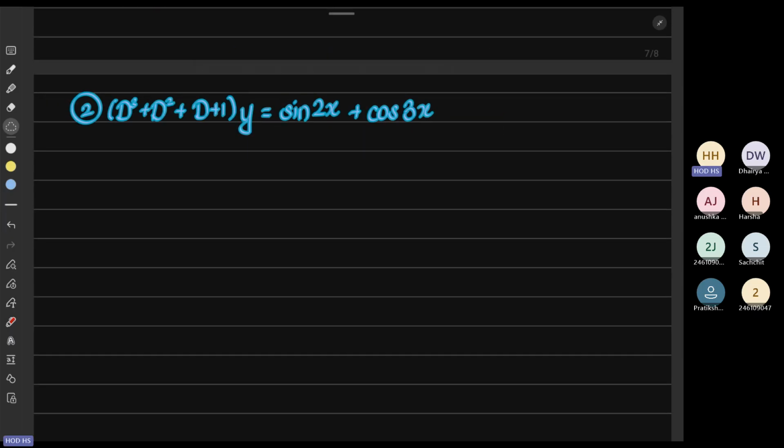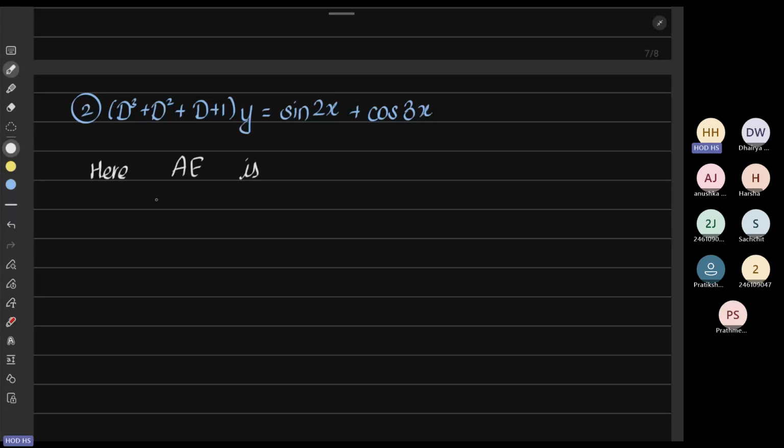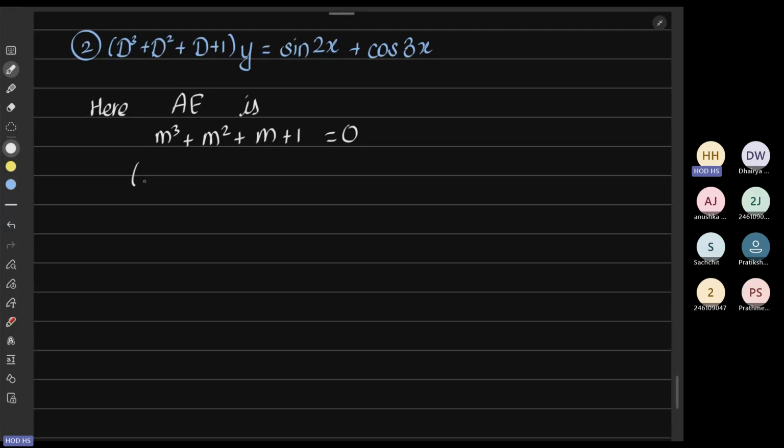So consider this example. Notice that by replacing d by minus 1, I can get the value 0. So here my auxiliary equation is m cube plus m square plus m plus 1 is equal to 0. I can note that m equals minus 1 is a root. So I need to find out this bracket.